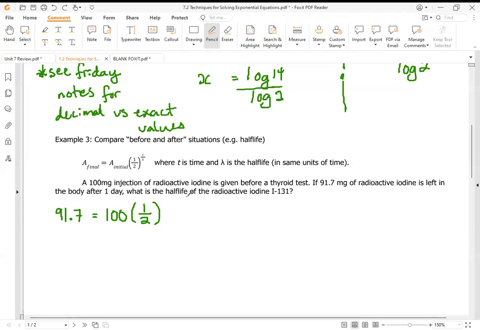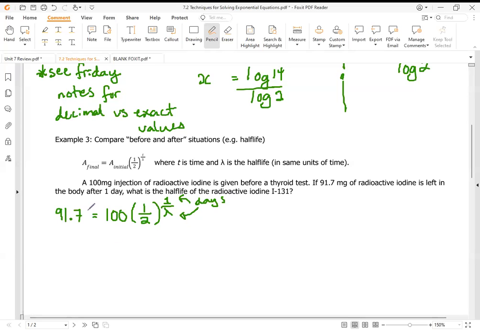Days, we can. Just keep it at days. It doesn't matter, so use what unit is easiest for you. If time is in days, know that the answer I get for half-life will also be in days. If this is in days, then that also is going to be in days.